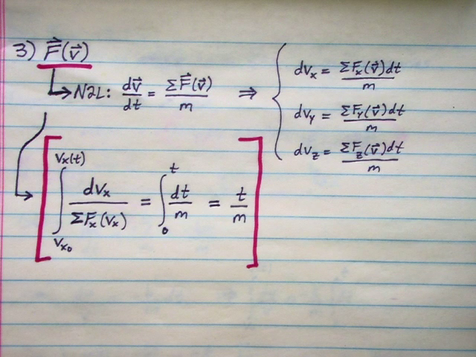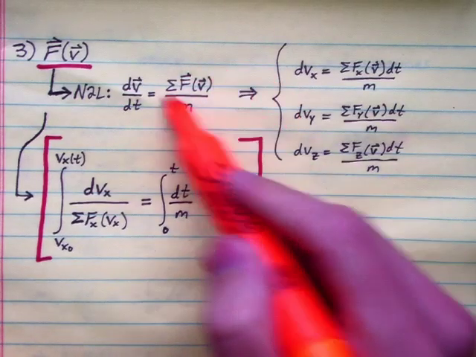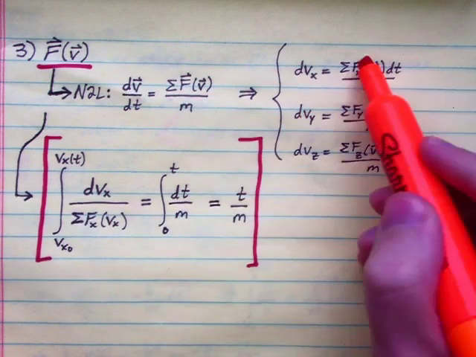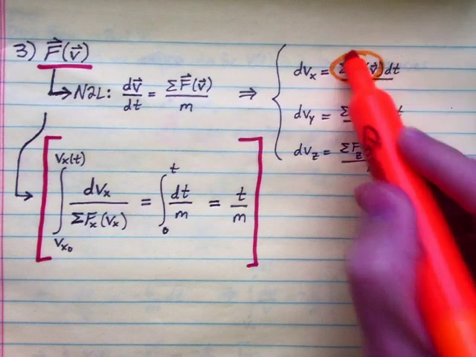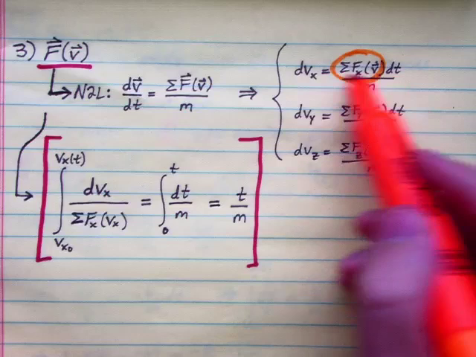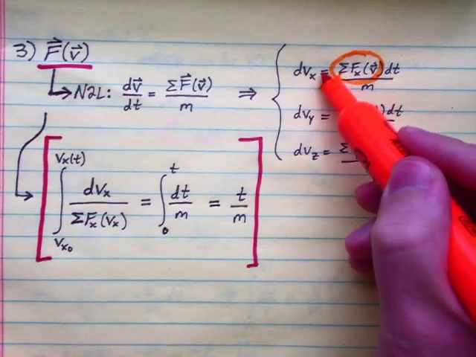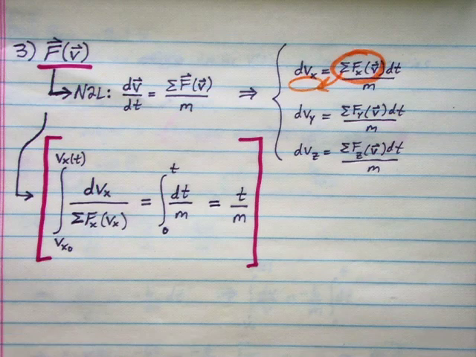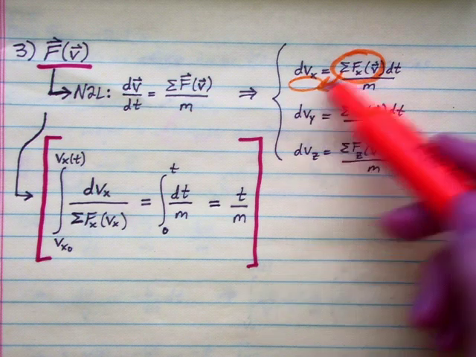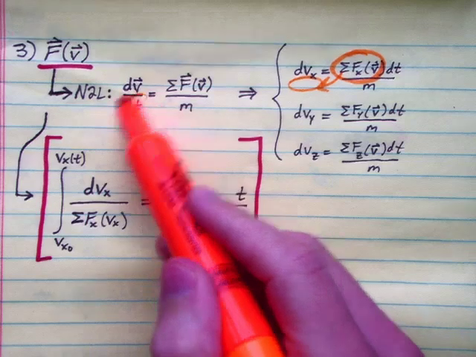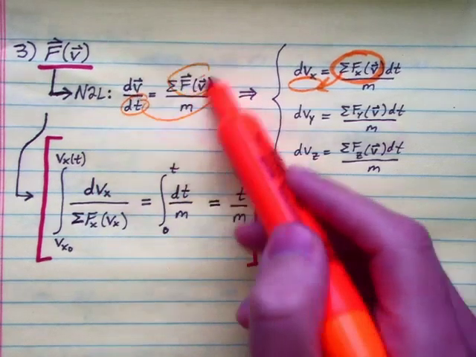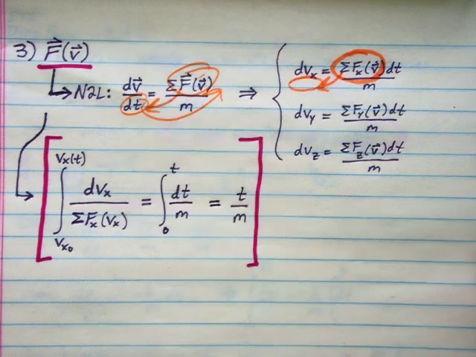If your net force is a function of velocity only, then we're going to take the velocity dependence here and divide both sides through by it to move that velocity dependence down there under the dvx. So I've multiplied both sides by dt, moved dt up there, and the force I'm going to move down here. That gets us to this.